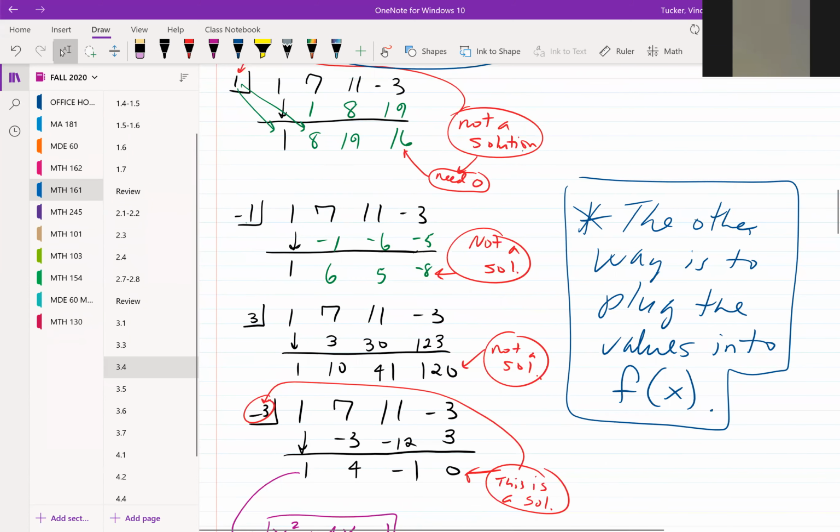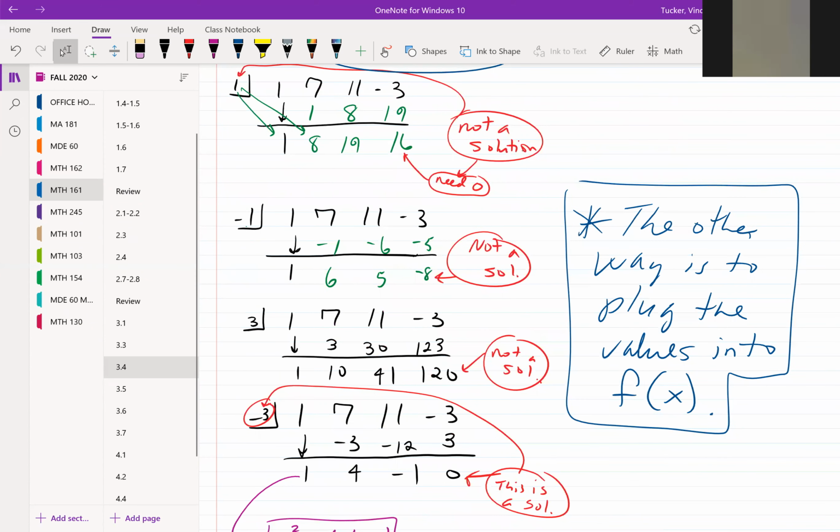So when you're plugging them in, you're adding them. When you say plug it in, you're talking about when I plug it in right here? Yeah. Okay. So when you're doing the synthetic division process, the first move is to bring this first term straight down. So that's why 1 is right here. Then you multiply what's in this box by this number, and then you take that up here. That's how you got that 1.